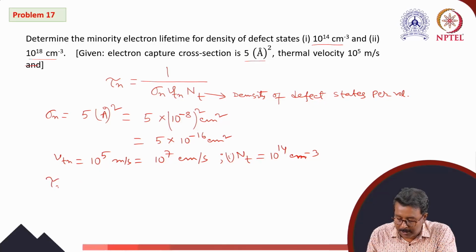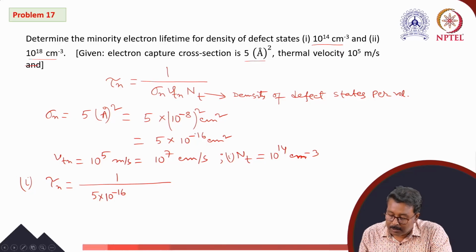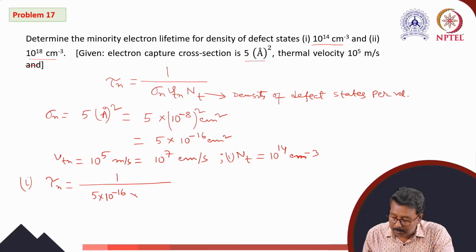So tau n in the first case will be 1 by 5 into 10 to the power minus 16 into 10 to the power 7 into 10 to the power 14.